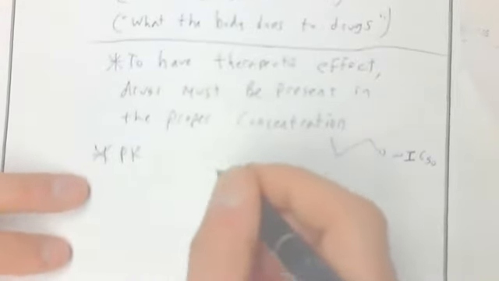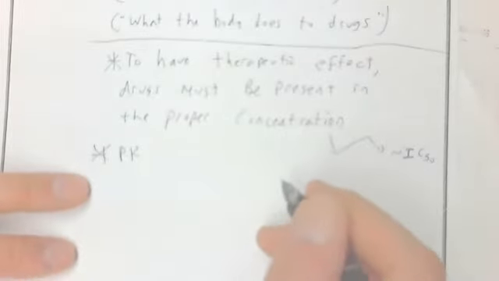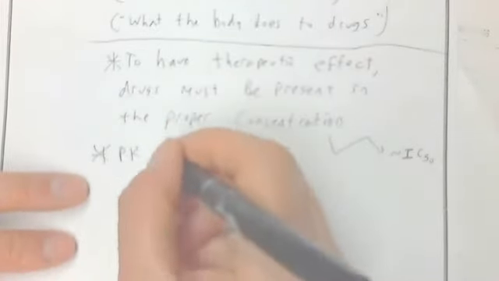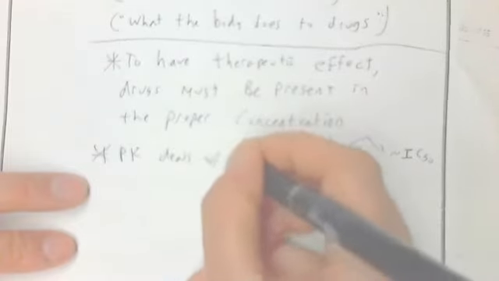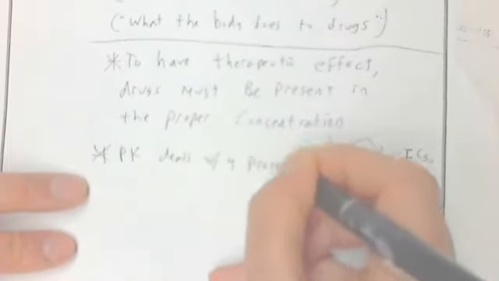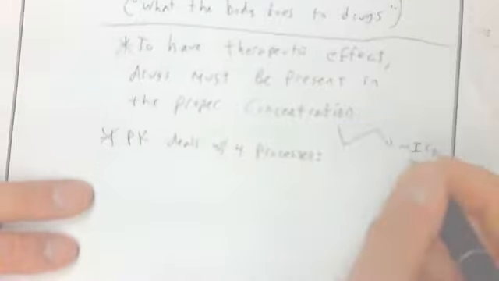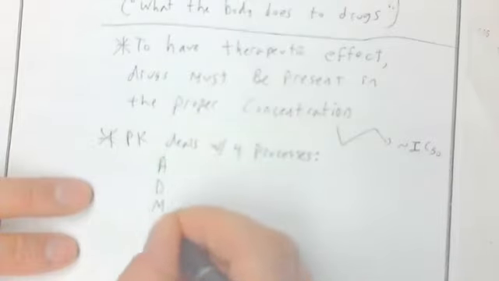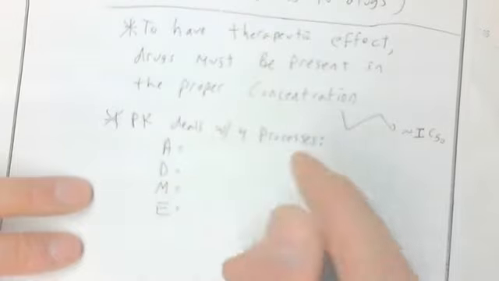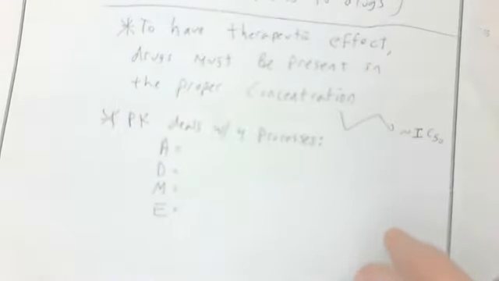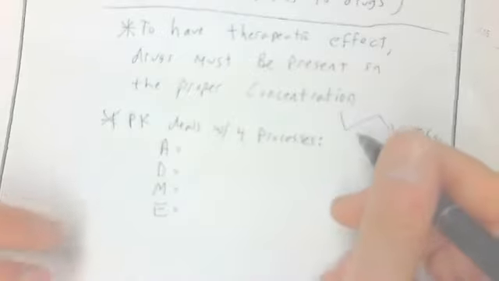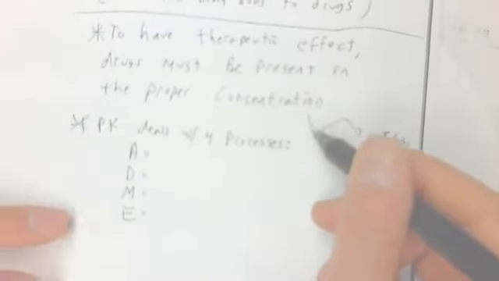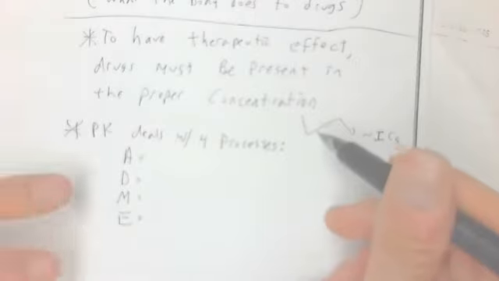Pharmacokinetics, PK, basically deals with 4 processes, and we summarize them with the acronym ADME. Some of you may have seen these in different courses, but it's a standard way that we discuss pharmacokinetics.